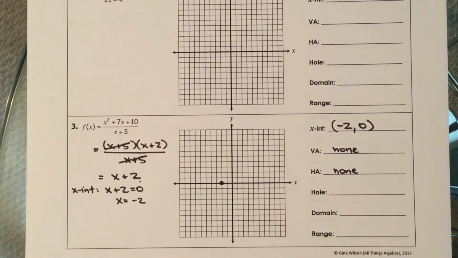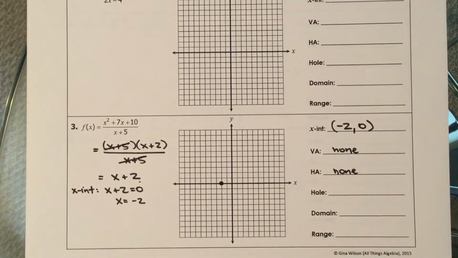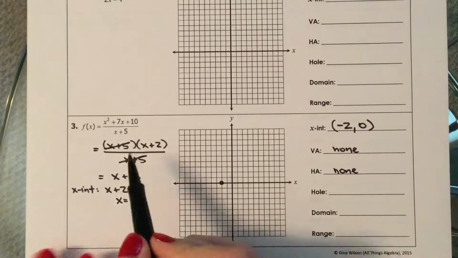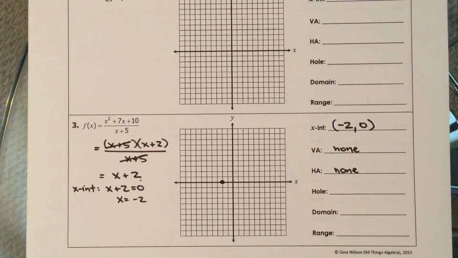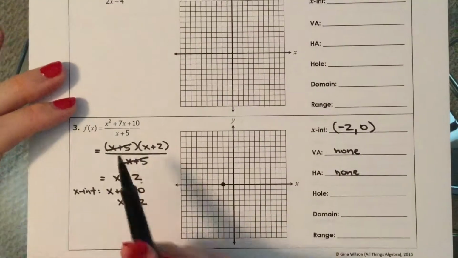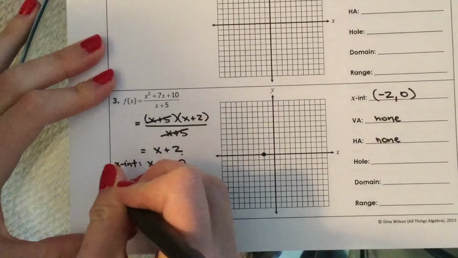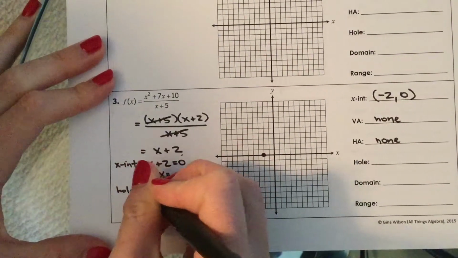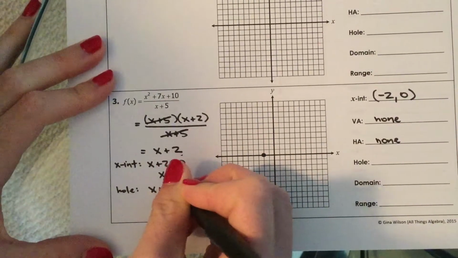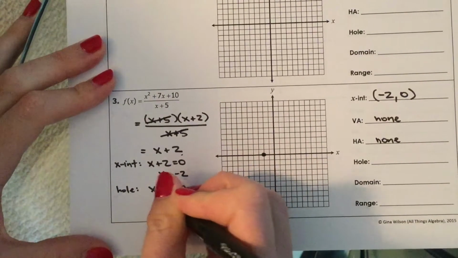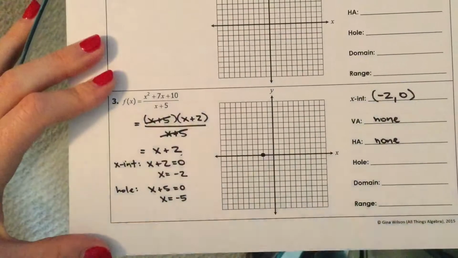Step 5, identify any holes in the function. Okay, so holes are going to be based on what your common factor was. We did have a common factor and that common factor canceled out, so we are going to have a hole. For the x-coordinate, you're going to set the common factor equal to 0. Let's make a little side note here. You're going to take that common factor and set it equal to 0. So the x-coordinate is negative 5.